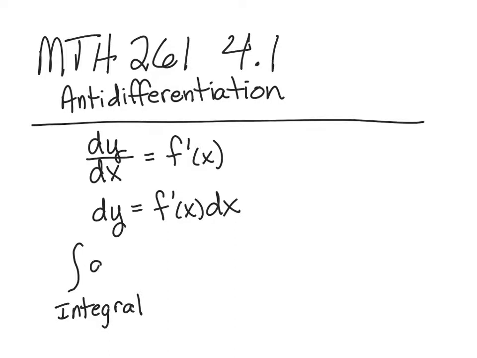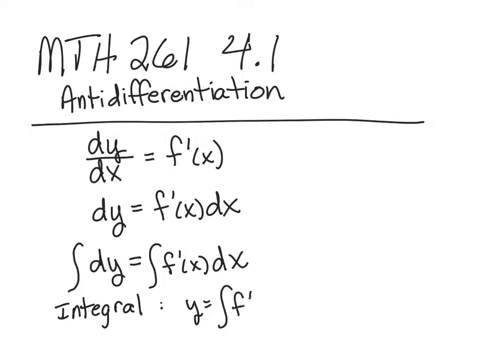We are going to integrate, in other words, find the antiderivative of both sides of this equation. And this is the way you will see most of your questions written. We have y equals the integral of some function that is actually the derivative of some function y.